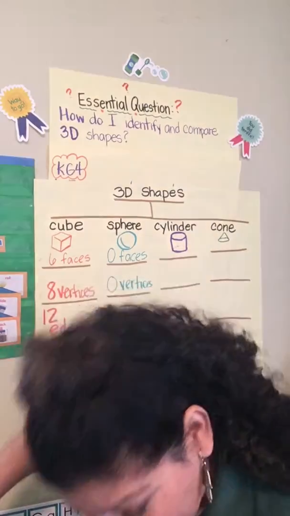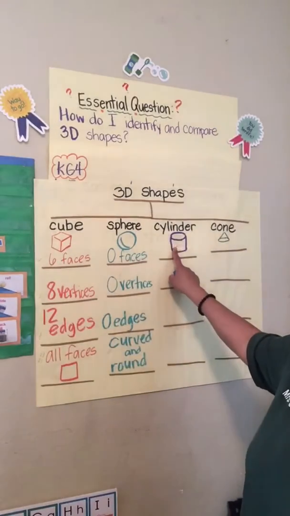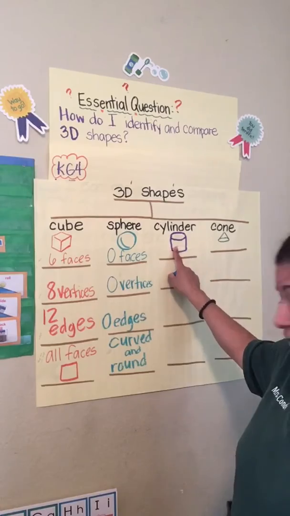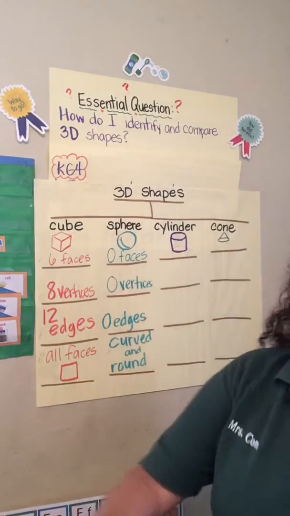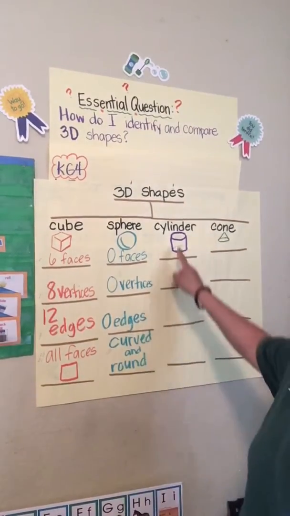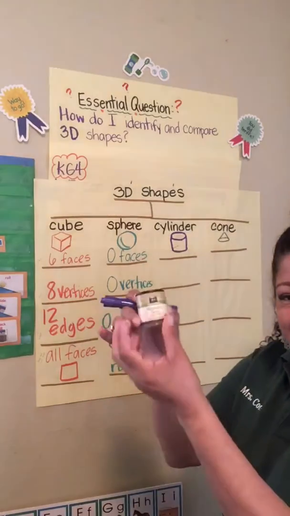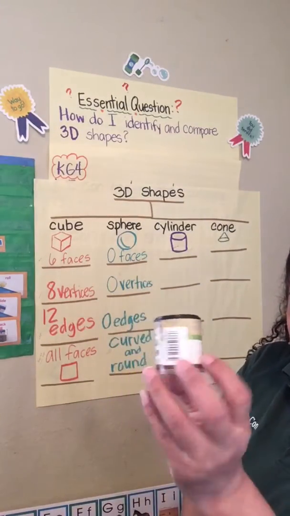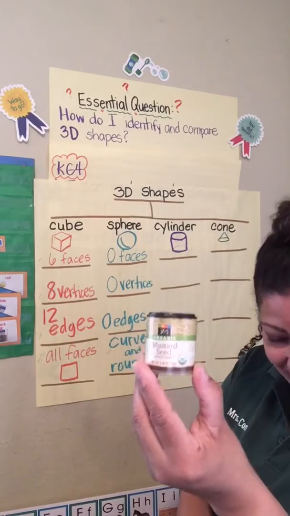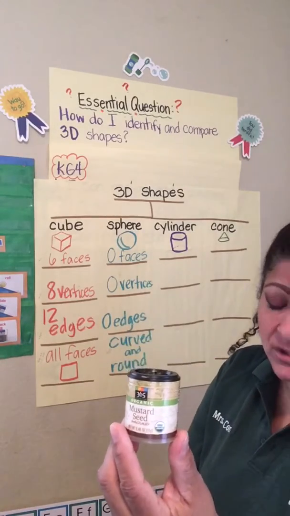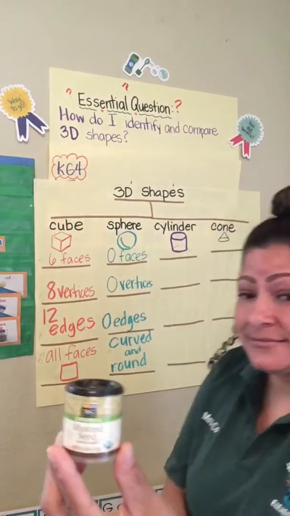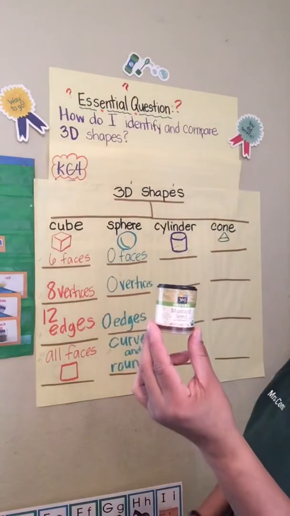That's right. I'm going to scoot back a little bit. What color do I need? That's right. I need purple. Cylinder. Boys and girls, I'm going to use this tiny little cylinder, my little herbs I use for my food. Remember, three-dimensional shapes can be different sizes. I got a tiny one today.